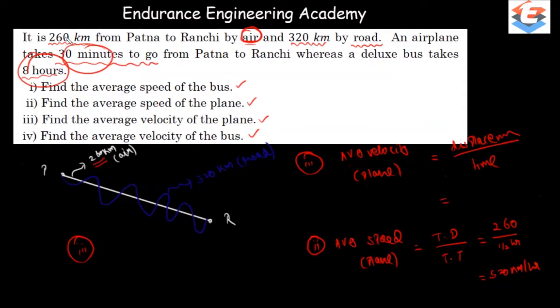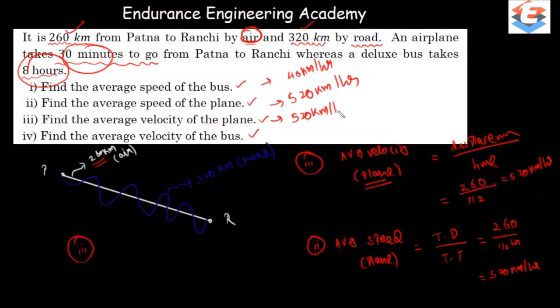Out of these two routes which they gave, 260 and 320, 260 is the shortest one. So shortest distance was 260, and the time taken for plane to cover that distance was half an hour. So this is also 520 kilometer per hour. So first question we got 40 kilometer per hour, second question we got 520 kilometer per hour, and third also we got 520 only.